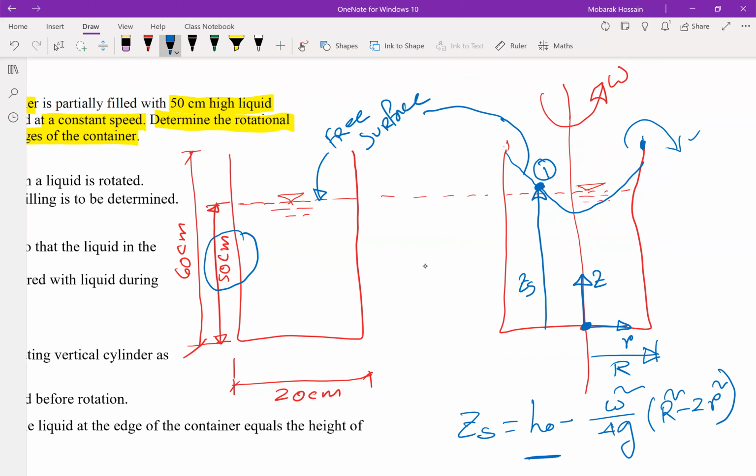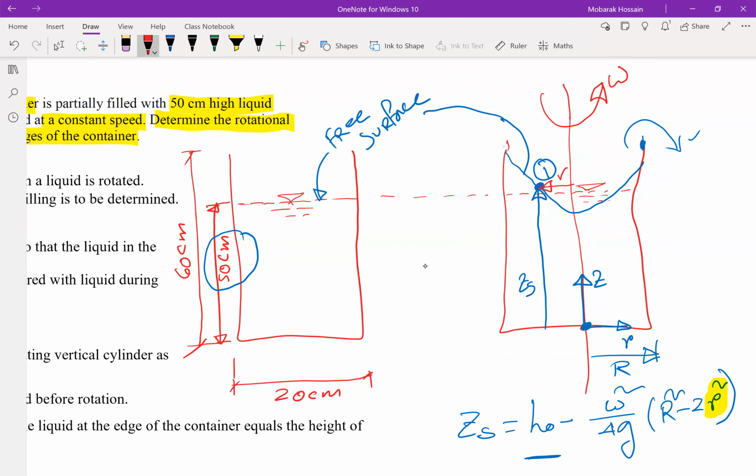Now you can see most of the parts are constant, the only variable part is this small r. This small r is your distance from the rotational axis. The rotational axis is the z axis here. So if you want to calculate the free surface for point 1, r will be this distance.